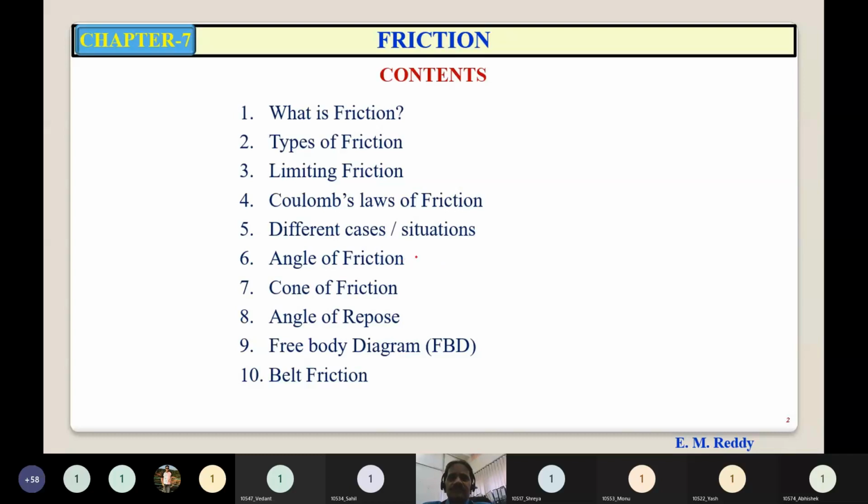This angle of friction is represented by the symbol phi. And what do you mean by cone of friction? And what is angle of repose, denoted by theta? And what is free body diagram and belt friction? Okay.